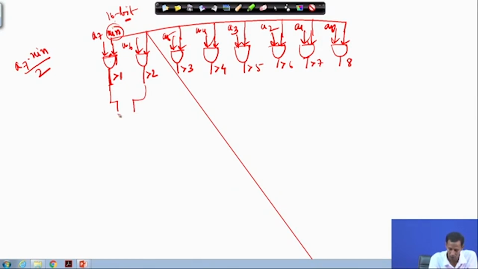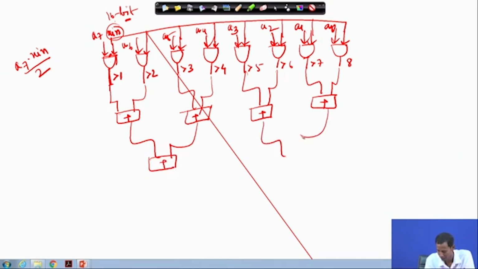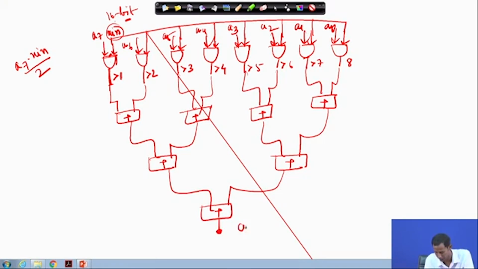So now these particular 2 bits, I have to add in this manner. So this is nothing but the addition operation, then here I will finally get A into xn.